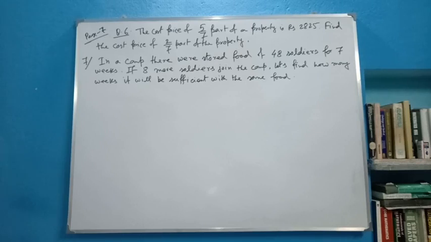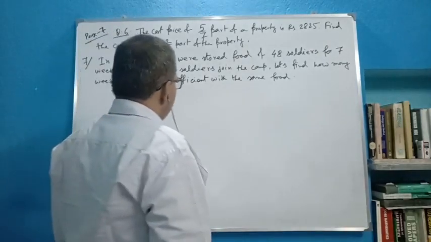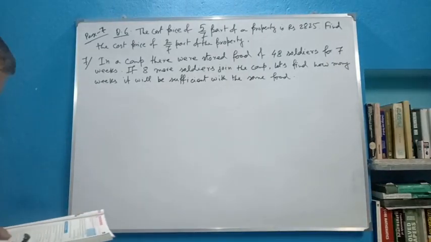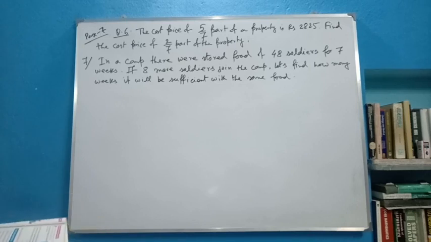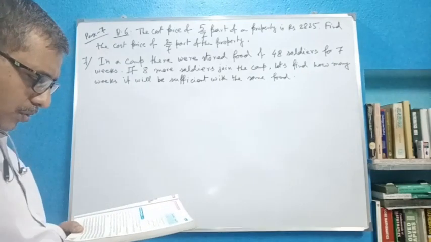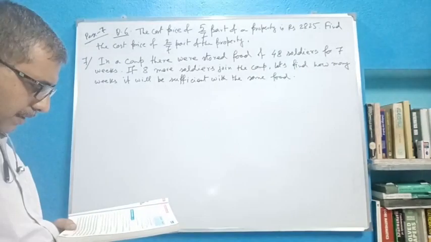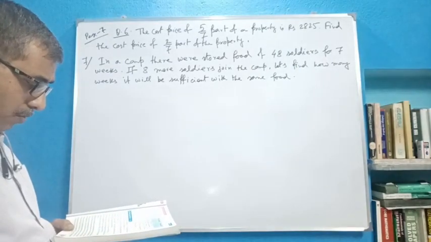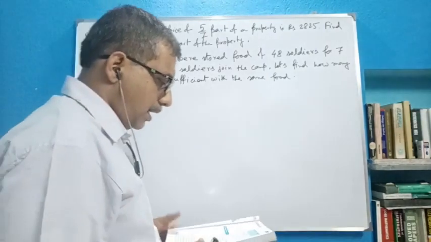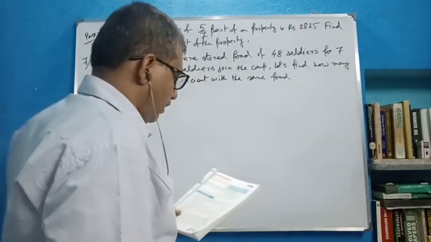If 8 more soldiers join the camp, let's find for how many weeks it will be sufficient with the same food. Clear? Either rule of 3 method or unitary method.